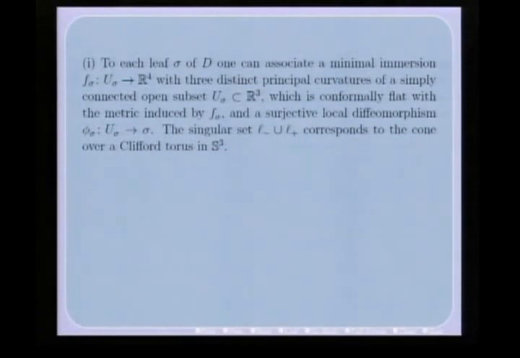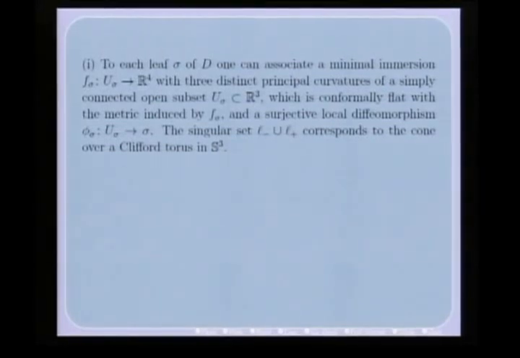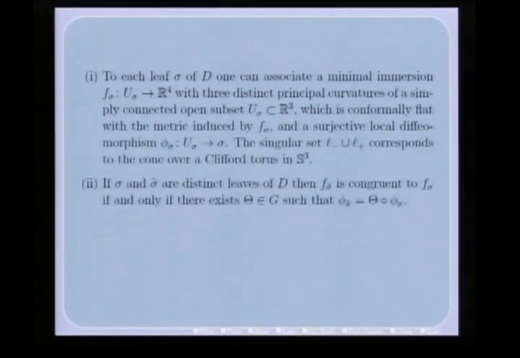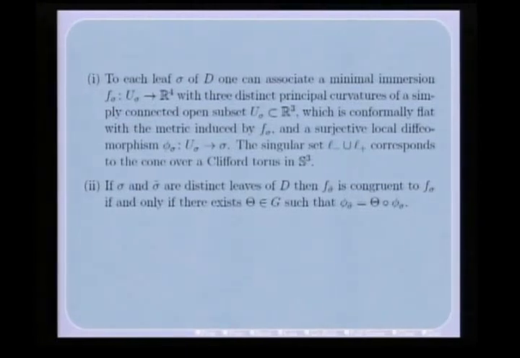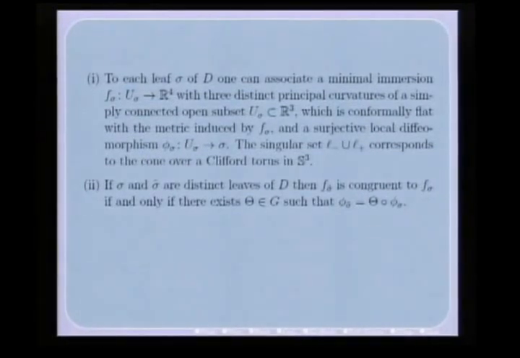The singular set just corresponds to the example that was known previously, a cone over a Clifford torus. Two distinct leaves give rise to non-congruent hypersurfaces, or more precisely, distinct leaves give rise to congruent hypersurfaces only if the leaves differ by one of those involutions of the underlying manifold I described before.